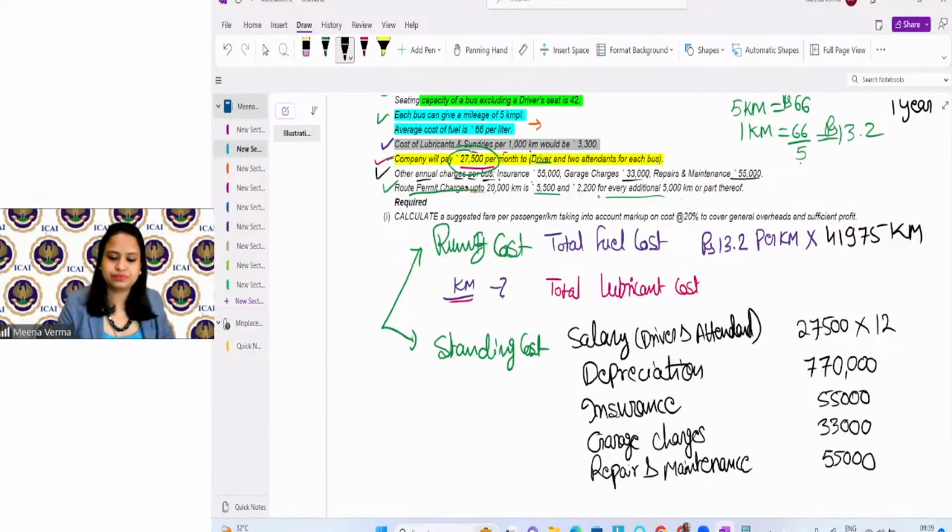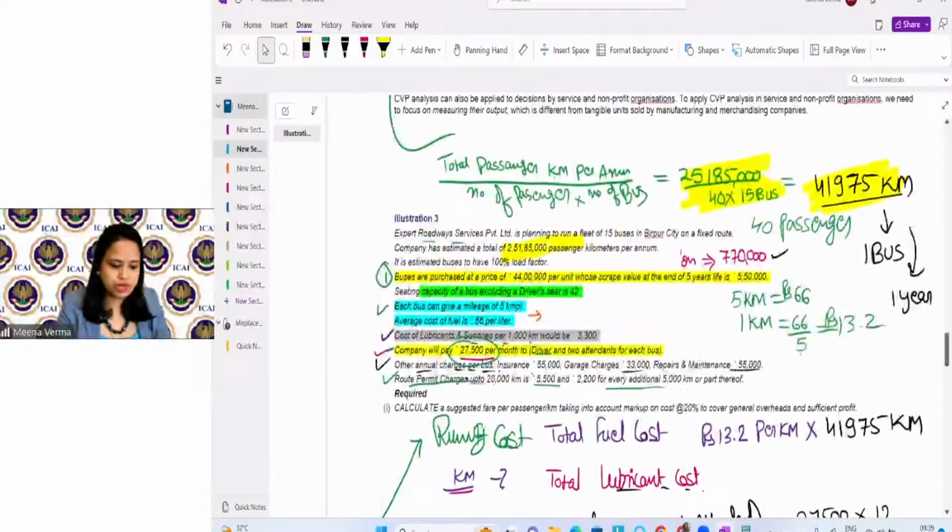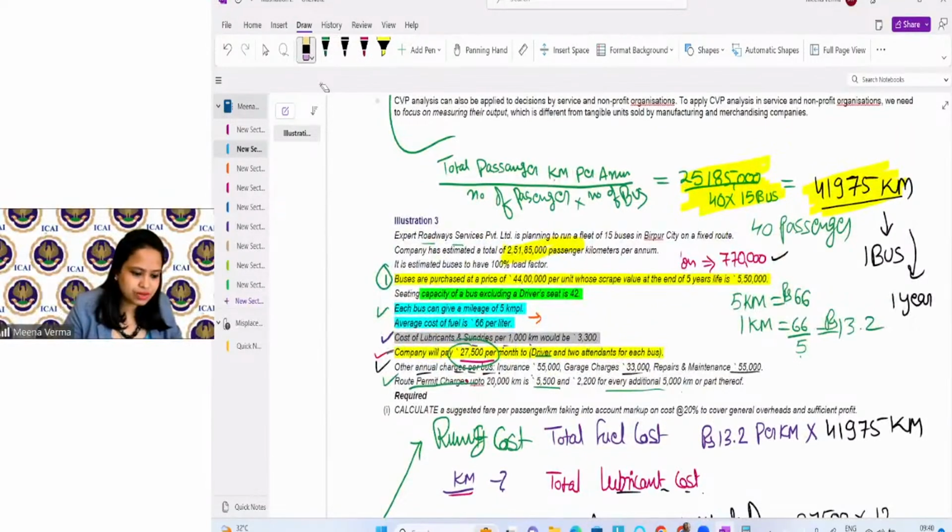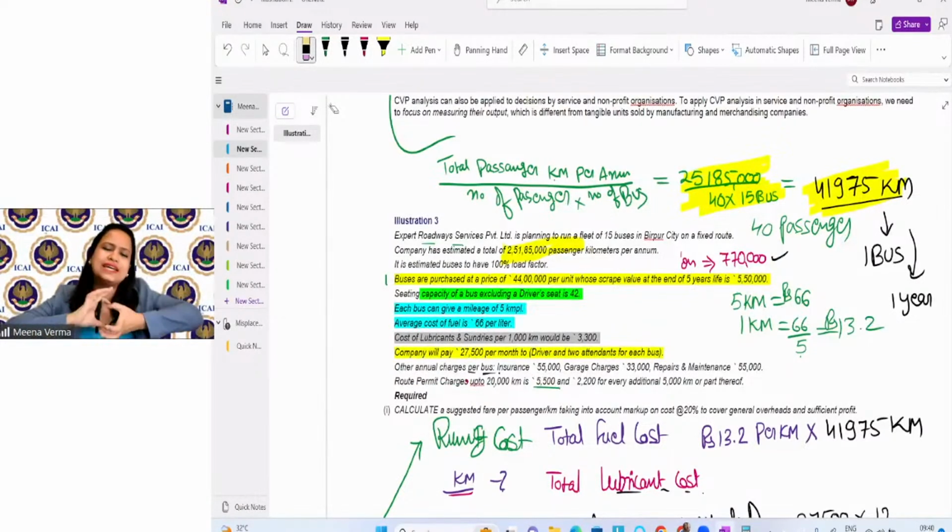Okay. Acha, we have to calculate the lubricant cost also. Let's see the lubricant cost. What information do we have for the lubricant cost? For 1000 kilometer, 3300 will be the lubricant. Lubricant means oiling, greasing of machines. Since it is a vehicle, or if it is a bus, there is need of some greasing of the machines or the parts of the bus.